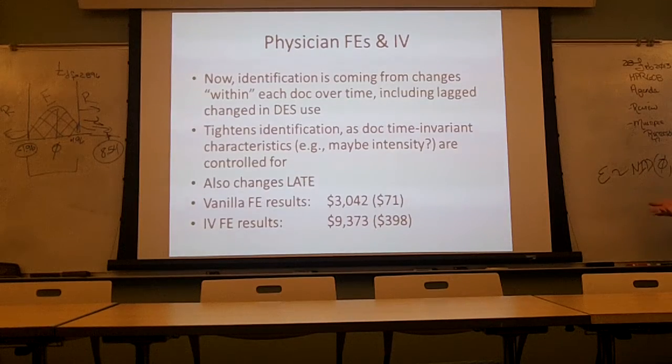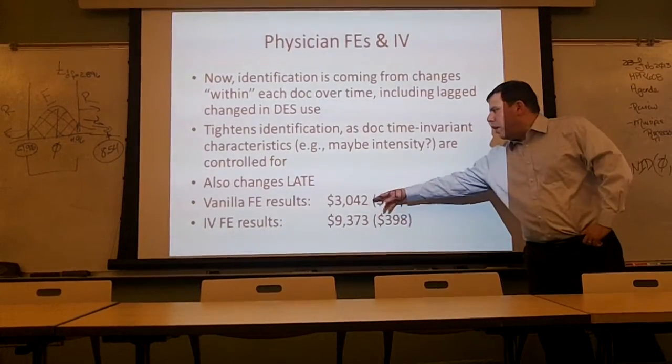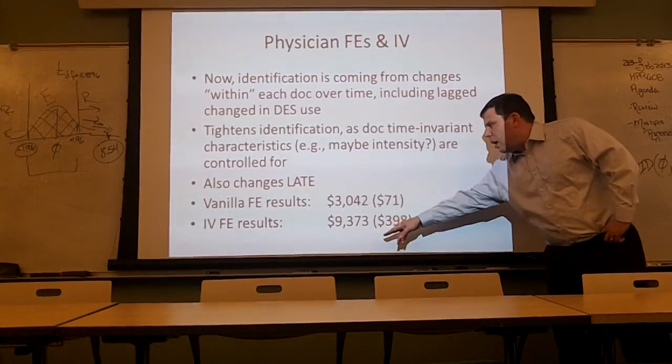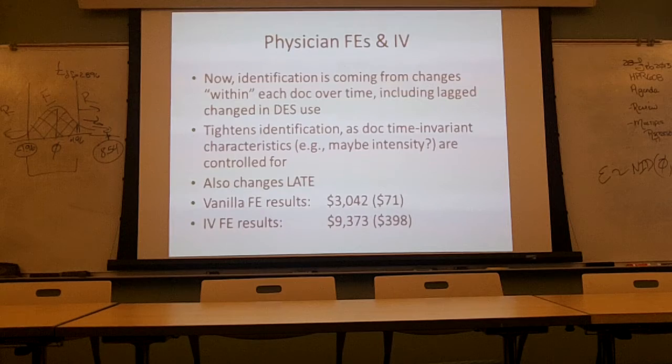Not necessarily better, but tighter. And so the results from this are: we're getting the vanilla fixed effects results without any IV, $3,000 difference, and then when we add in the IV, we're getting over a $9,000 difference with a $400 confidence interval.